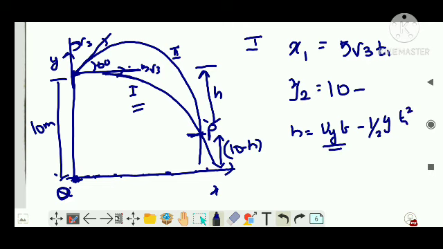Now uy, in the vertical direction, is there velocity? No, it is zero. So it becomes minus half g t square, and the displacement is also minus. So h becomes half g t square. So 10 minus h, I will write as half g t1 square, because it is traveling for t1 period only. Clear?